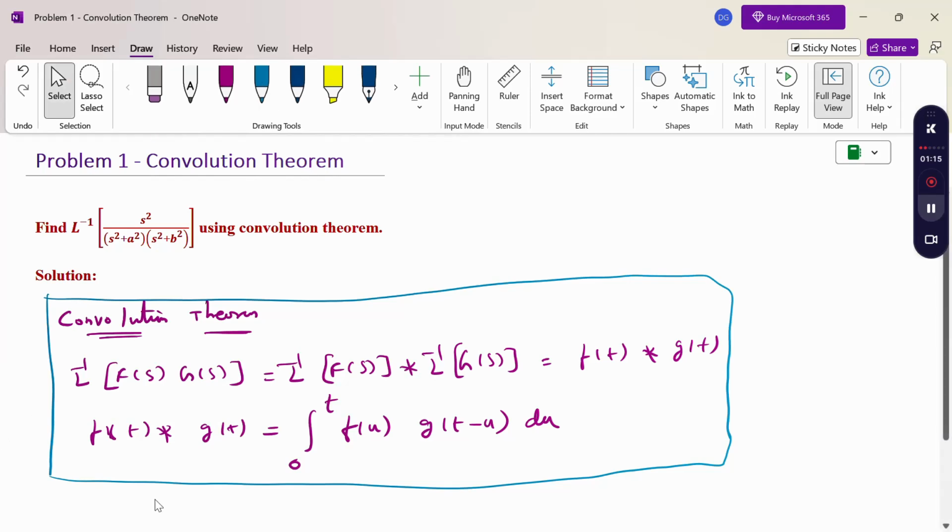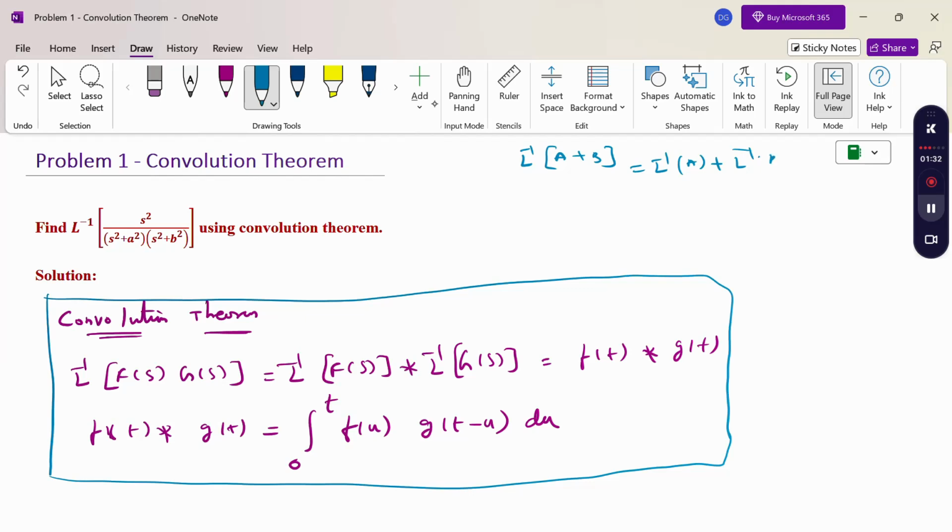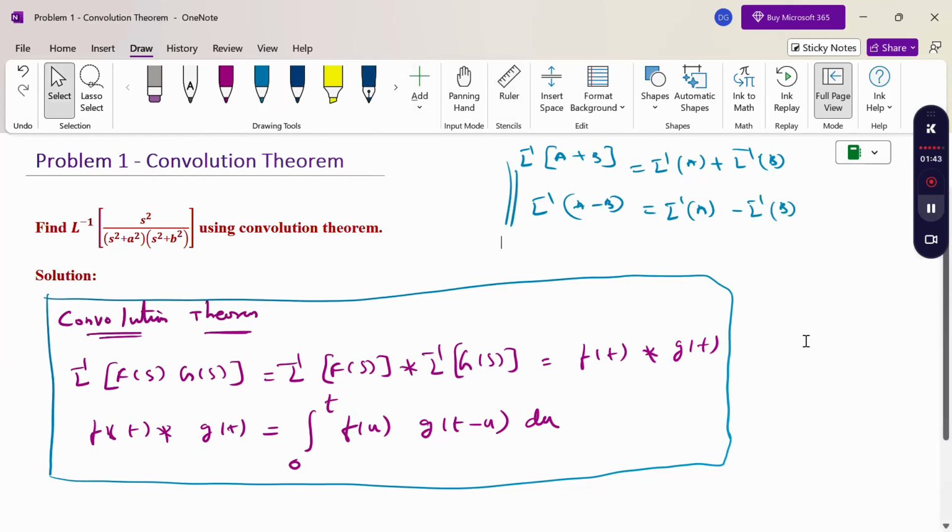So now, what is the use of the convolution theorem? Normally, for L inverse of a plus b, it is possible to write L inverse of a plus L inverse of b. L inverse of a minus b is also possible, L inverse of a minus L inverse of b. To solve these two conditions we use some property or direct important result.